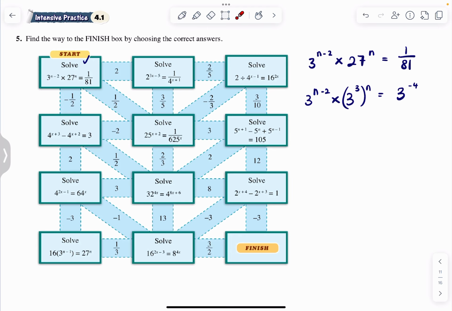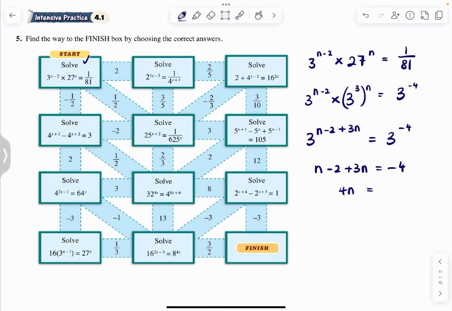Now let's simplify. Since this is times, the powers we have to add. So it becomes 3 power (n minus 2 plus 3n) equals 3 power negative 4. Since the base is already the same, we can compare the powers. So n minus 2 plus 3n equals negative 4. n plus 3n is 4n.